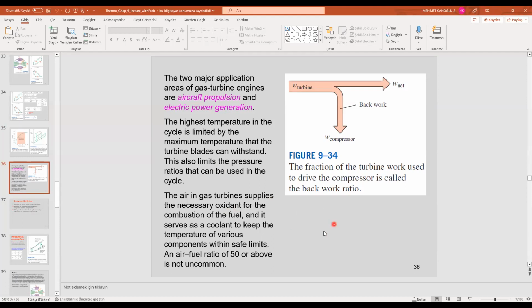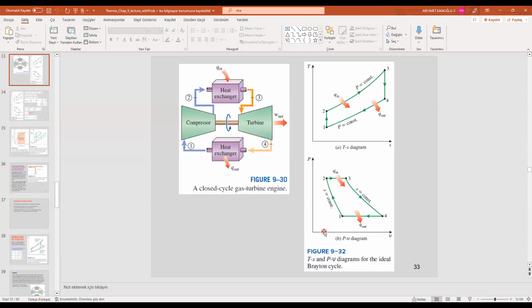So if you look at here, we said that there is work output from the turbine, there is work input to the compressor, and the net work is equal to work out from the turbine minus work input to the compressor. The percentage of the turbine work which is used for the compressor is quite high in gas turbine engines.